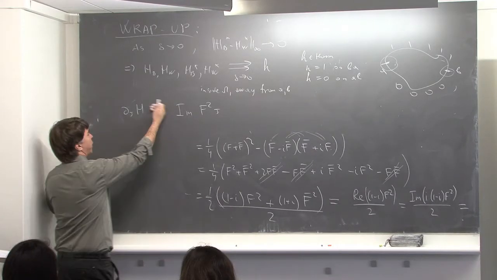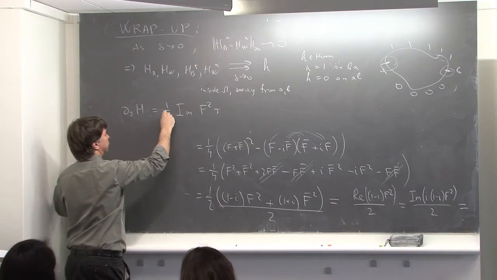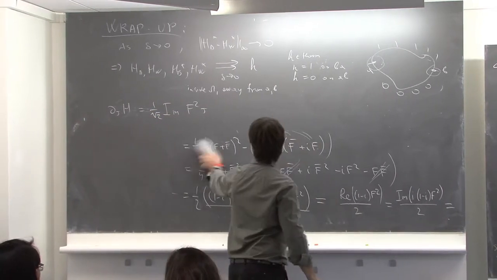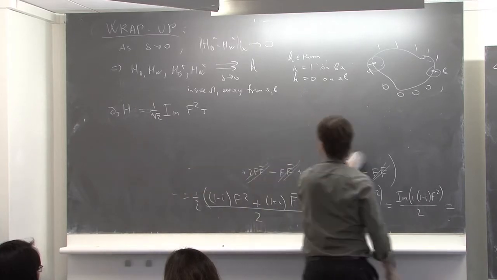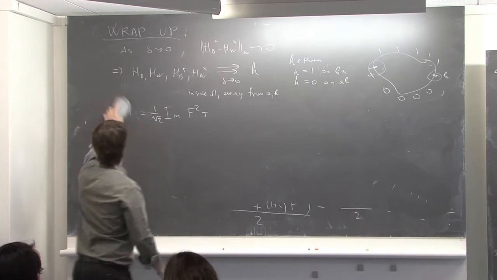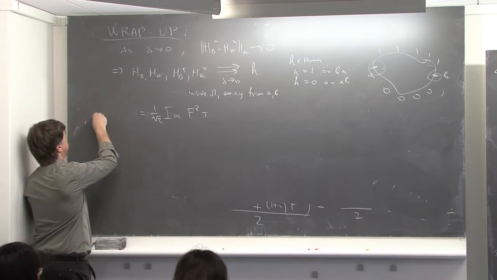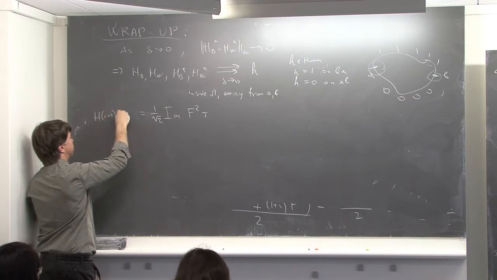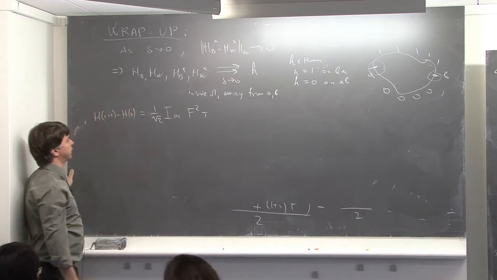And I think there was a 1 over square root of 2 in front. Or rather, it's like h of x plus tau minus h of x, something like this.